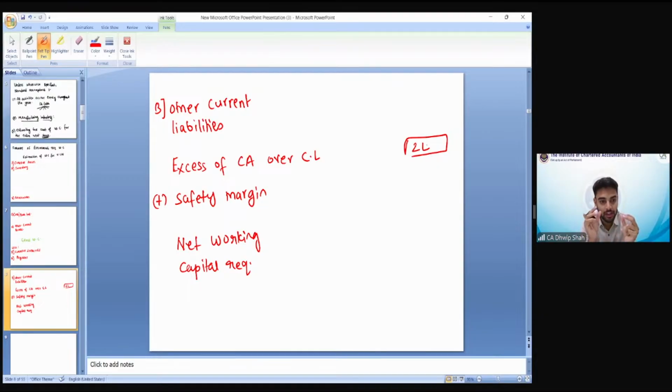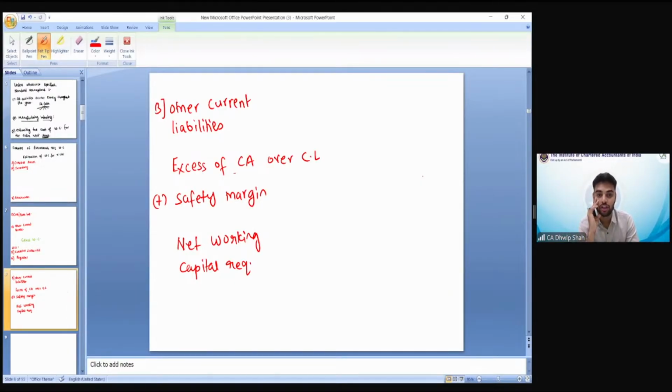And that safety margin percentage would be given in the question. So you add that margin. Say you got 2 lakh and your safety margin is 10%. Then raise working capital to 2.2 lakh. Be conservative, add that safety margin. Safety margin is added on a conservative basis because the excess of current assets over current liabilities is an approximate figure.